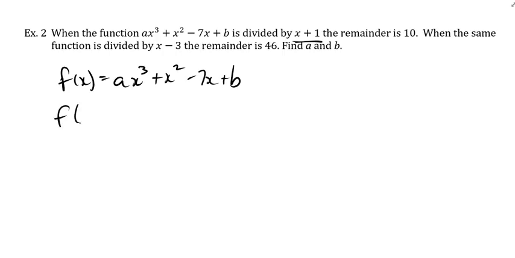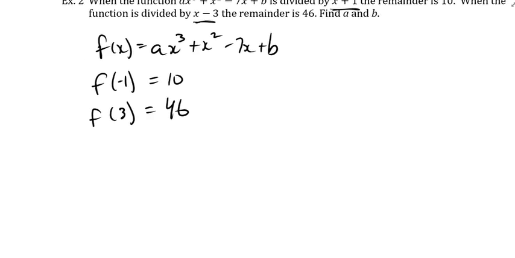That tells us that f at negative 1 will equal 10. Right? And then it also tells us when it's divided by x minus 3, the remainder is 46. That's telling me that f at 3 is 46. Right? That's remainder theorem from yesterday.